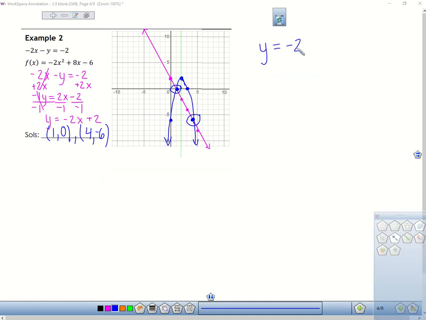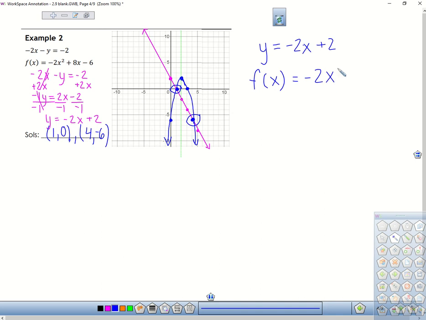So doing this algebraically, we already have y equals negative 2x plus 2 that we found, and then we have f of x equals negative 2x squared plus 8x minus 6. So since they're both in terms of y now, we're just going to set them equal to each other. So this is going to be negative 2x plus 2 equals negative 2x squared plus 8x minus 6.